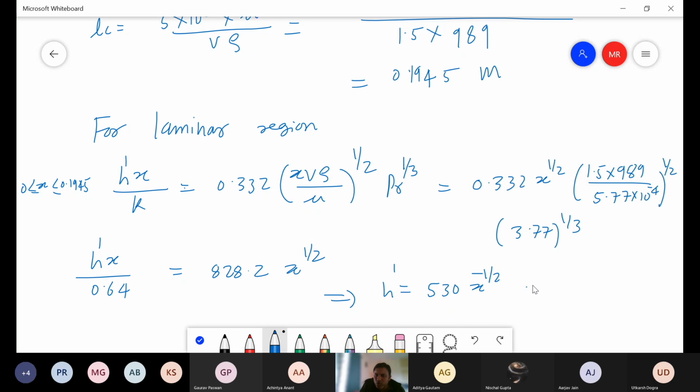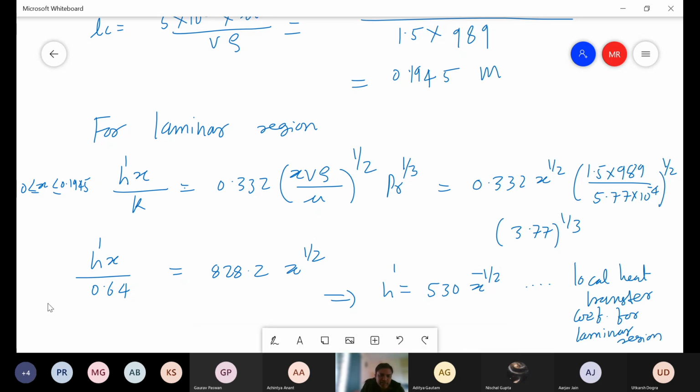This is the local heat transfer coefficient for the laminar region. And similarly, we can find it for the turbulent region.